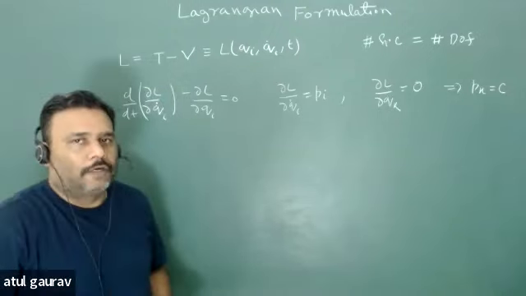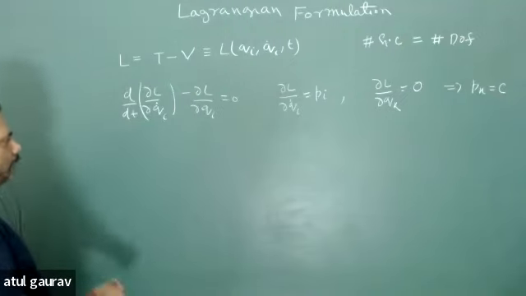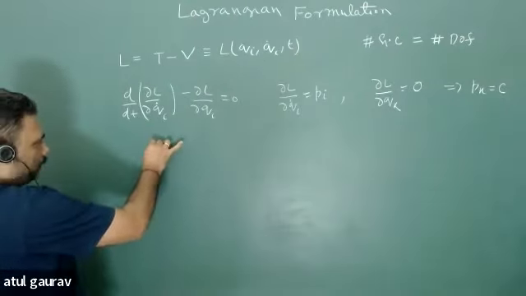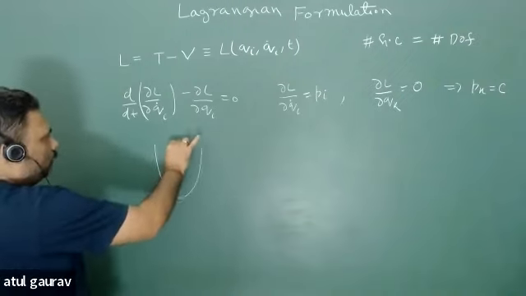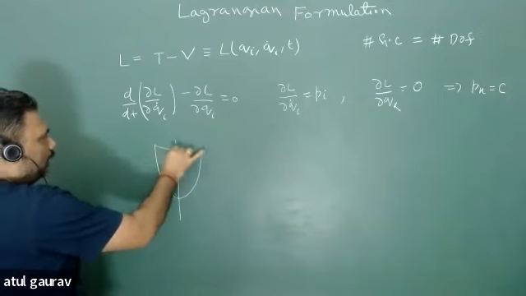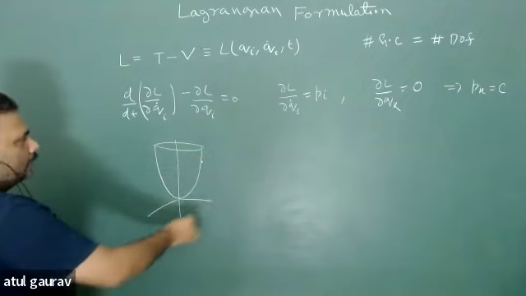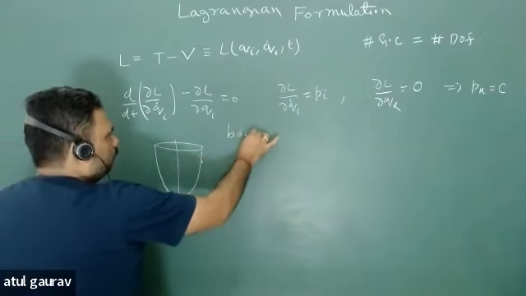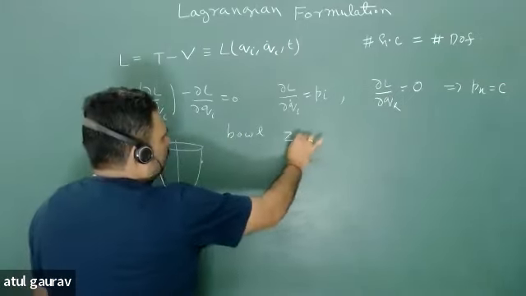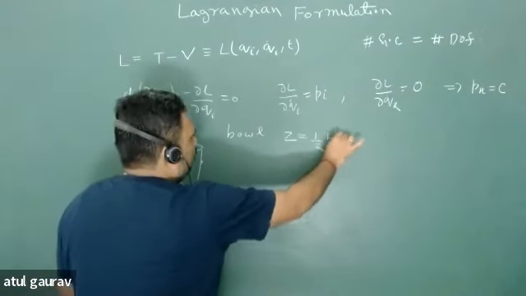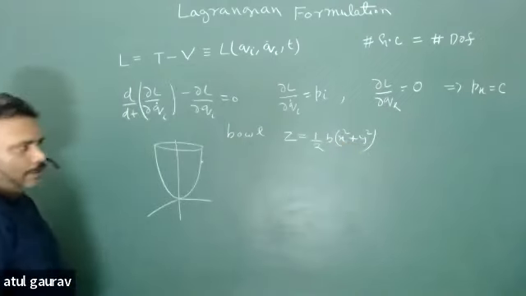So let's go for some basic problem. There is a particle of mass m, moving on the surface of a bowl. The equation of the bowl is given in Cartesian coordinates as z equals half b times x squared plus y squared.